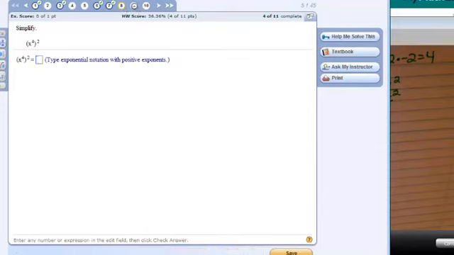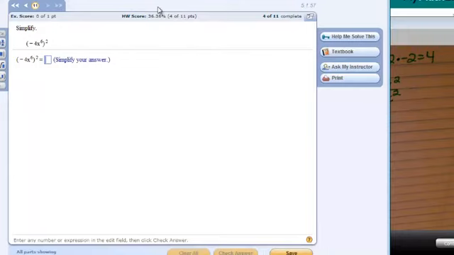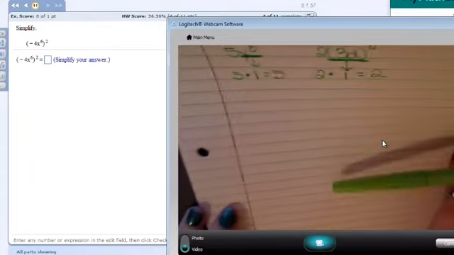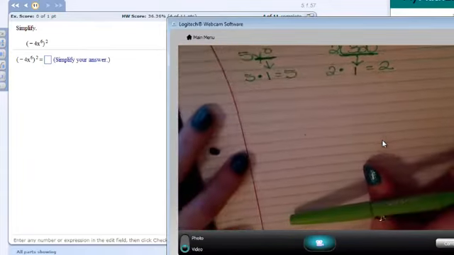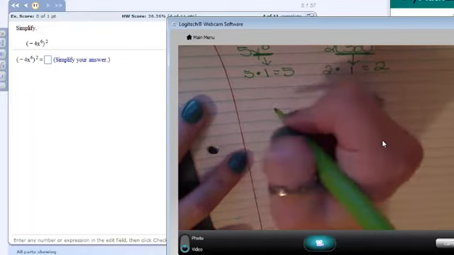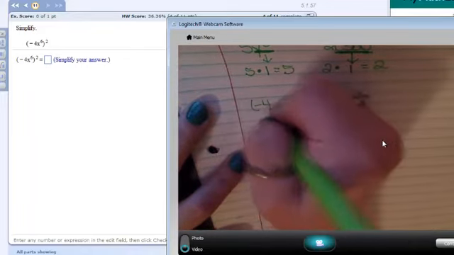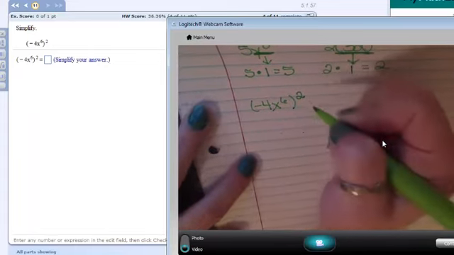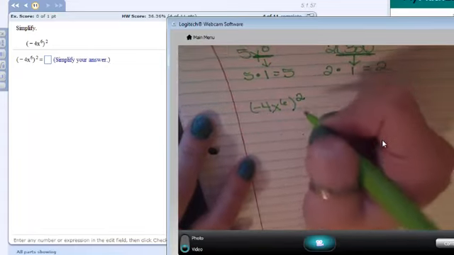So let's get on to a harder problem. Okay, this is the hardest problem on your whole homework assignment. It's the last problem, so let's work through that one together. Alright. We have negative 4 x to the 6th, all inside the parentheses, and then all of that is raised to the 2nd power.